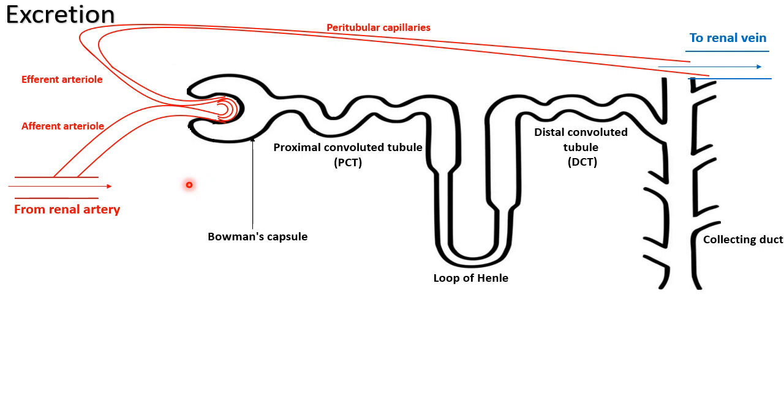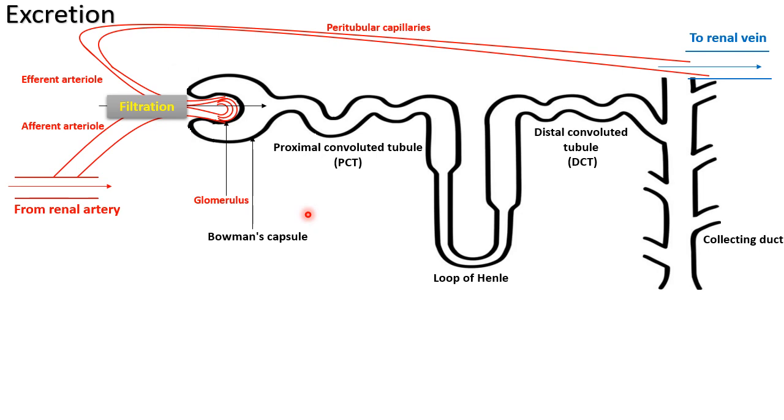And this is called filtration. And the blood capillaries here are called the glomerulus. So our blood passing from the afferent arteriole through the glomerulus to the tubules of the nephron is called filtration.